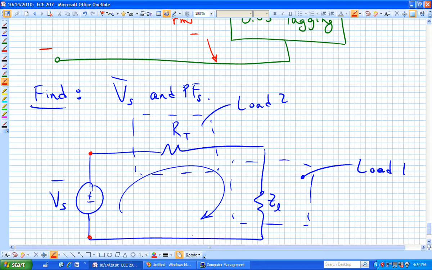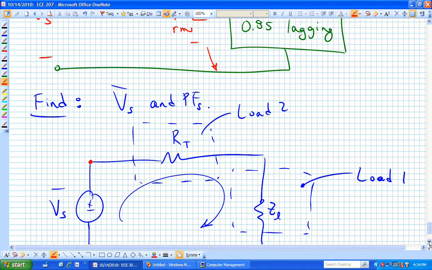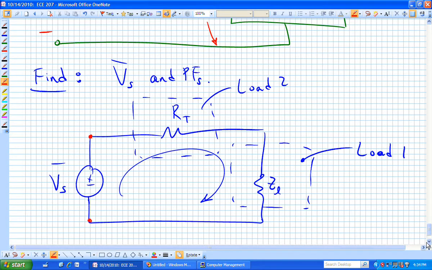Question? Can we assume, since it's lagging, that it's only an inductive load and not a combination? The question was, since it's lagging, can we assume that it's only inductive, or do we have to worry about it being a combination? It's a combination of real and imaginary because it's not a purely inductive load.